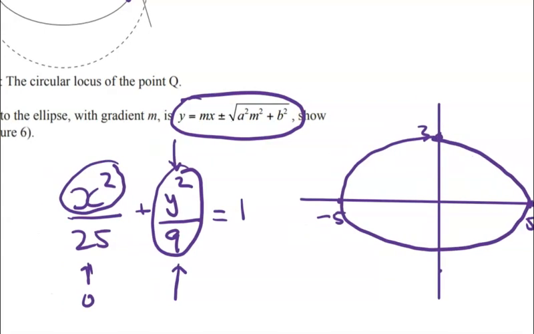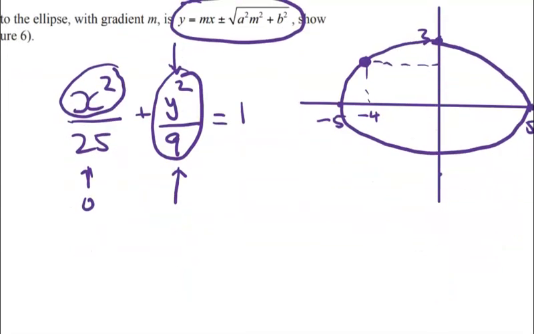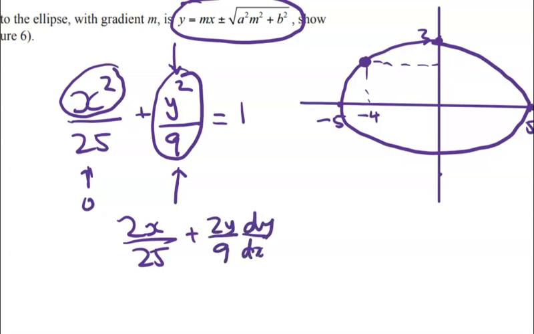Okay, now suppose that I said, find me the tangent at this point here. So suppose we had x is negative 4, we'd figure out the y value, and off we'd go to get our tangent. And to do that, we would do our usual implicit differentiation, so 2x over 25 plus 2y over 9 dy by dx equals 0, and so on. And we do what we do with all other problems.